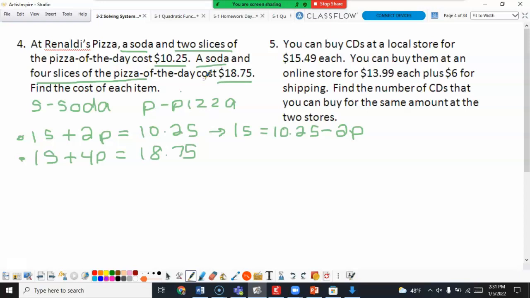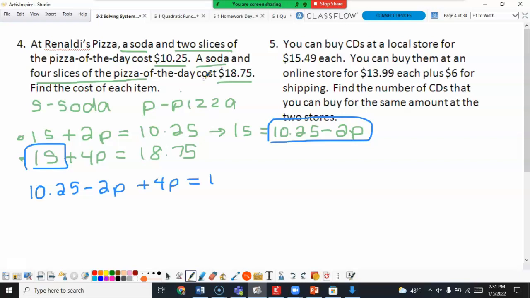And then you're going to replace that 1 soda in this equation with 10.25 minus 2p. Combining like terms.